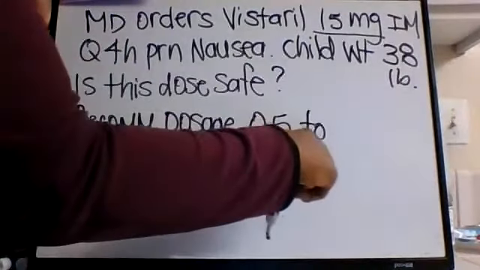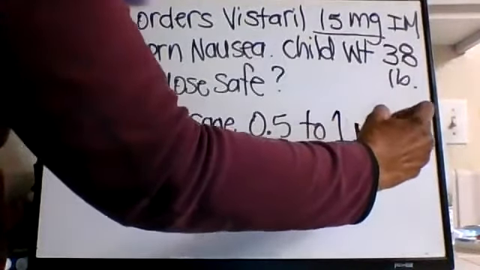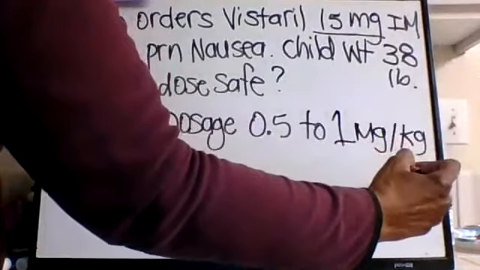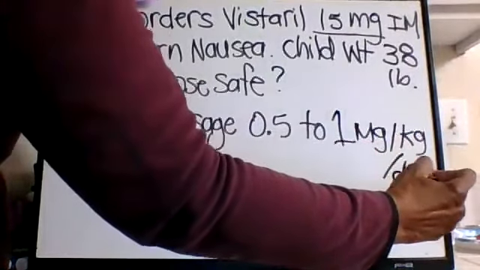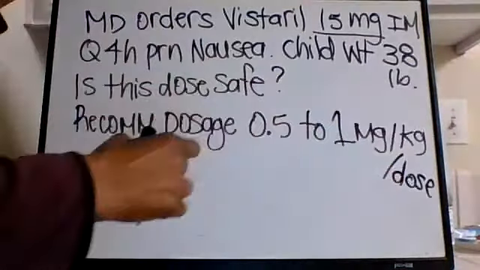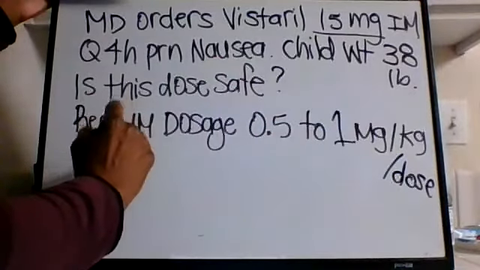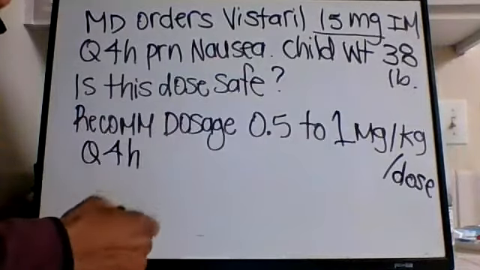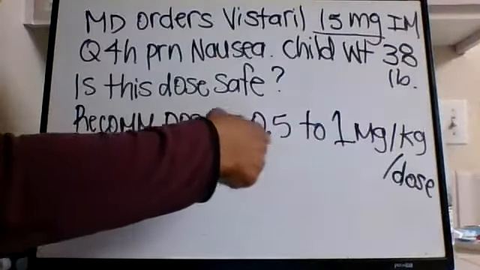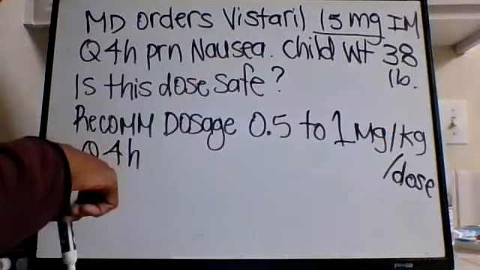Sorry, it's 1 milligram per kilogram per dose, every 4 hours. The recommended dosage range is 0.5 to 1 milligram per kilogram per dose every 4 hours.